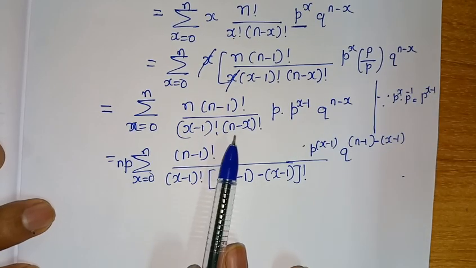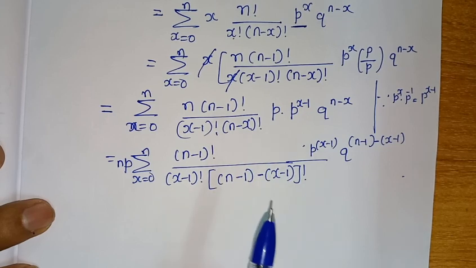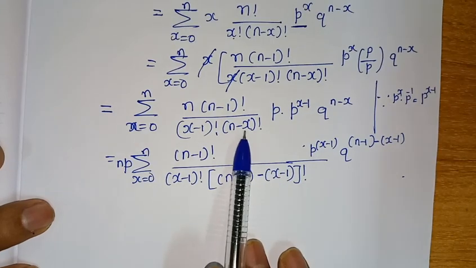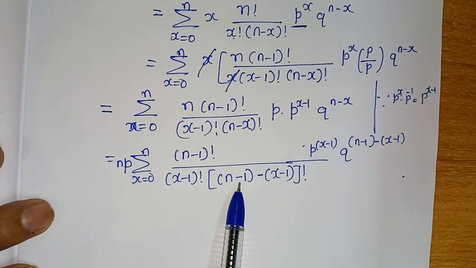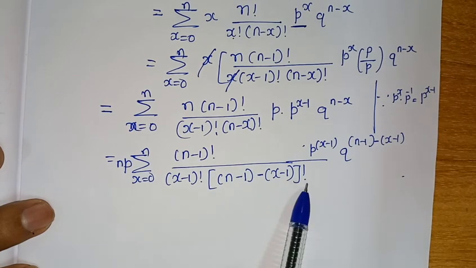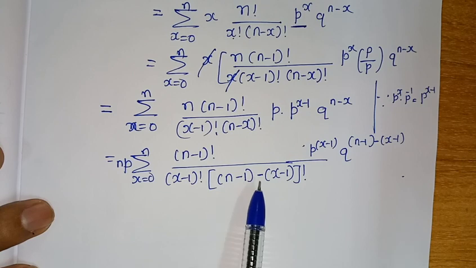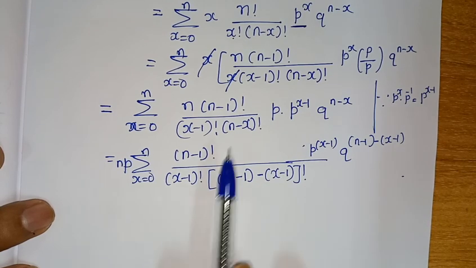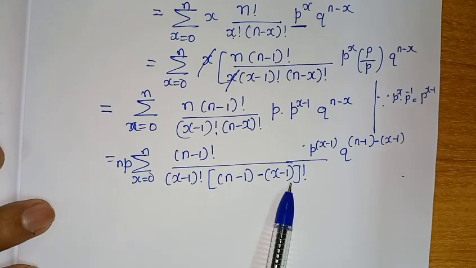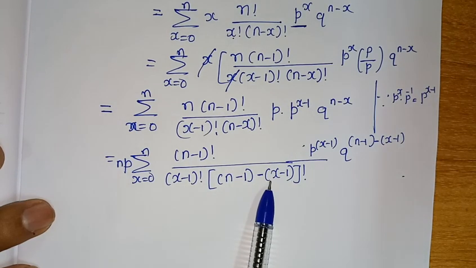That is the reason n minus x factorial can be written as, I am adding and subtracting 1 here, n minus 1 minus x minus 1 factorial. You can see here, minus 1 and plus 1 cancel, it is n minus x only. N minus x factorial we have written this way because I need to write it in the standard form.